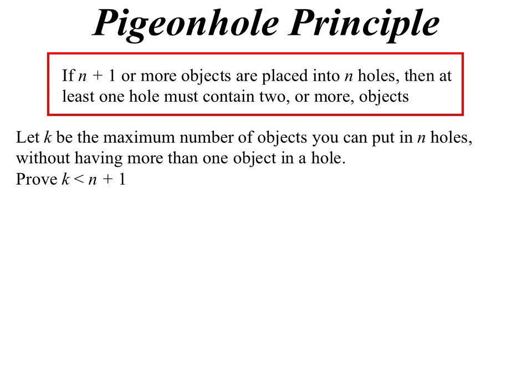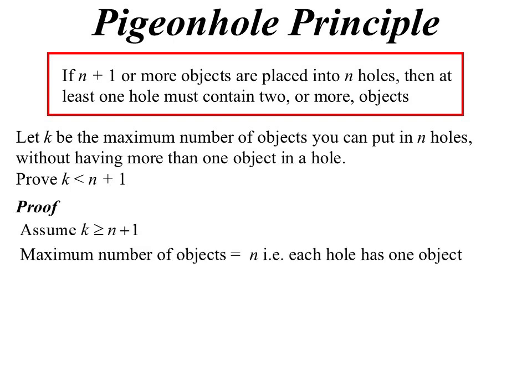Here's, I guess, a proof. Let k be the maximum number of objects you can put in n holes without having more than one in a hole. Let's prove that that's going to be less than n plus 1. I'm going to do it by contradiction. I'm going to assume that you actually can put more than n objects into n holes. The maximum number of objects must be n.